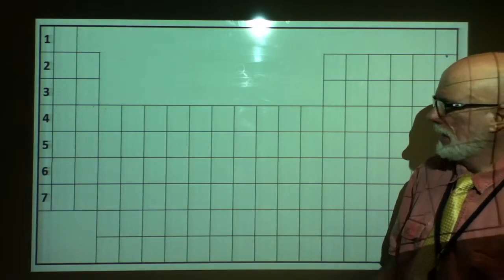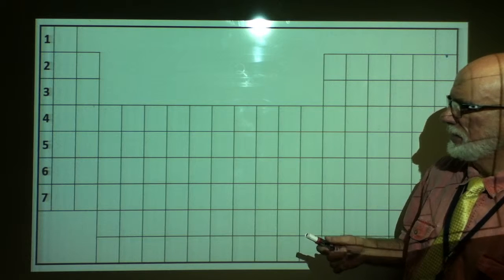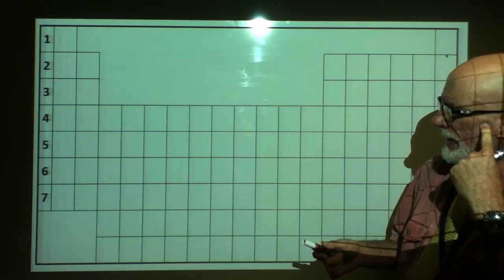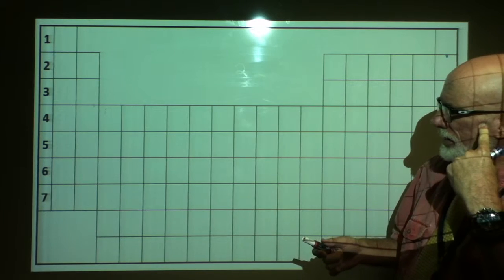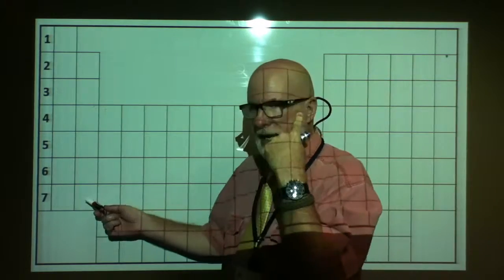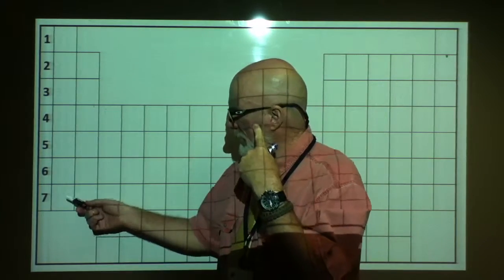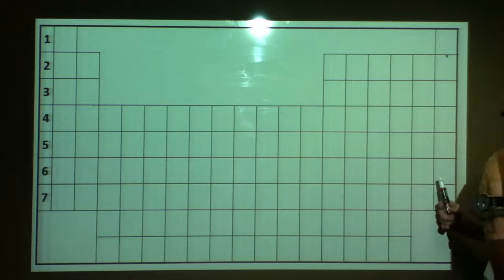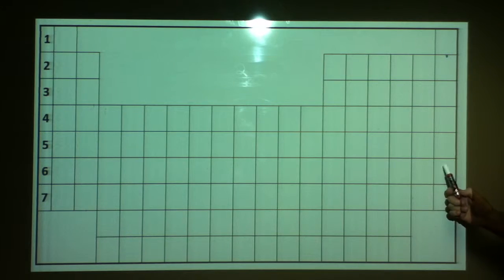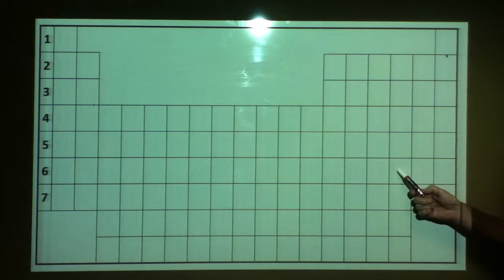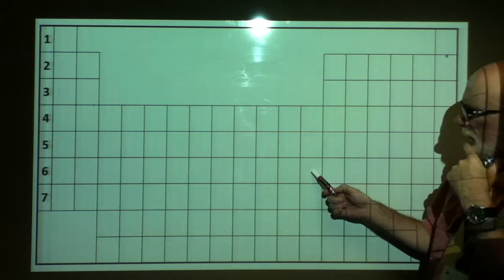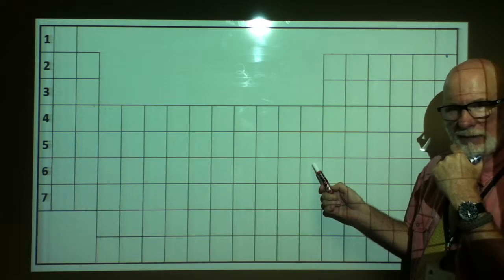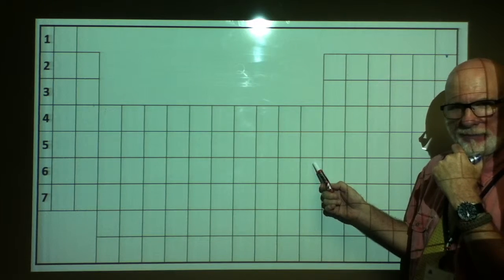Okay. 77. So I know that this is 88, right? So 88, 87. This would be 86, 85, 84, 83, 82, 81. That's 80, right? That's mercury, right?